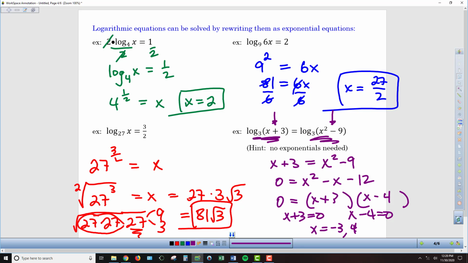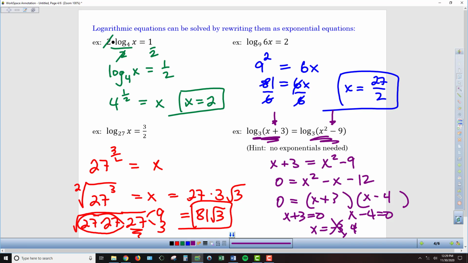And if you'll recall, we can't take the log of 0, we can't take the log of a negative number. Well, negative 3 is going to be a problem, because if I plug negative 3 in for x into both sides of the equation, we're going to get 0 as the inside of the logarithm. Log base 3 of 0 doesn't work, so I need to throw this answer out.